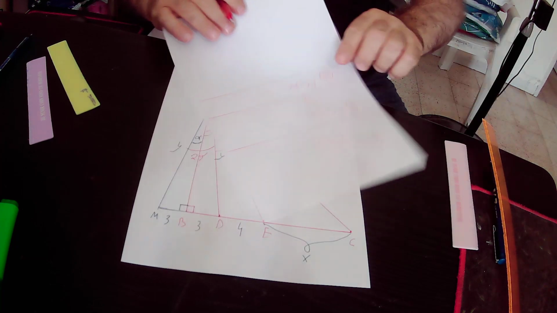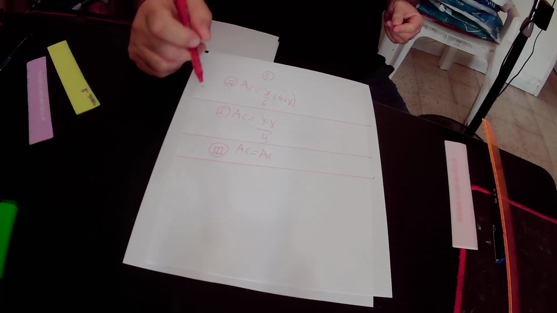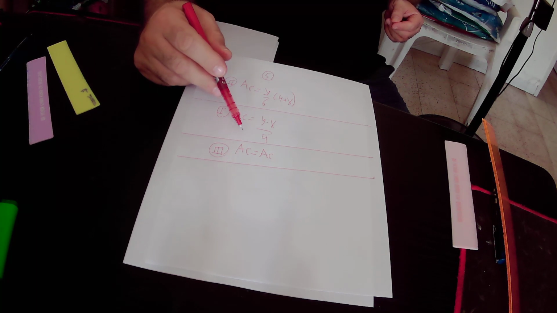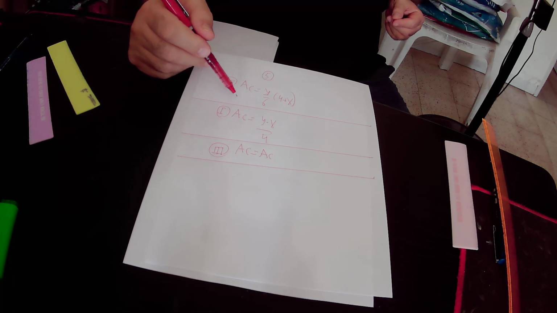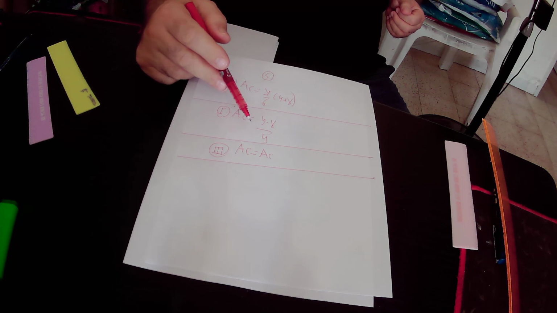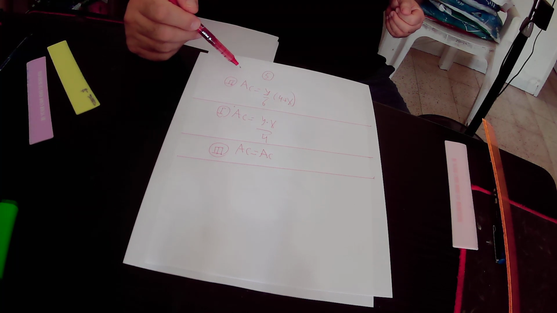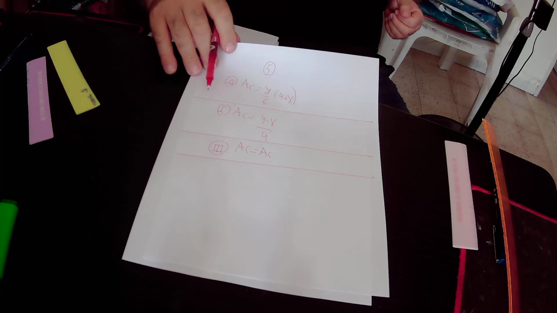So we have the equality that AC equals AC. Here we'll substitute AC by the value of AC in equation number 1, and on the other side of the equality we'll substitute AC by the value that we found for AC in equation number 2.